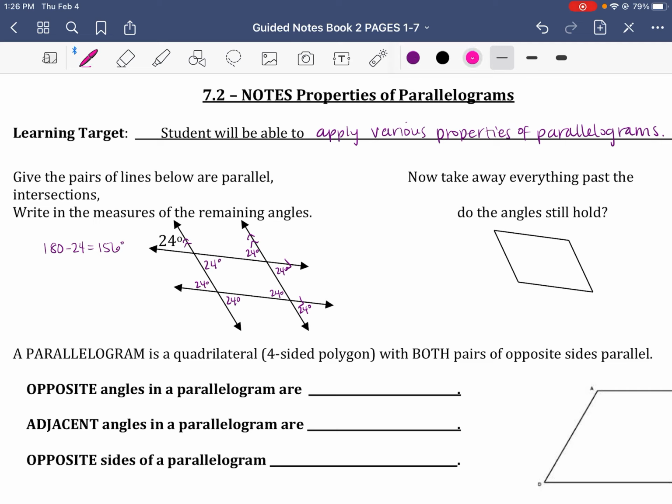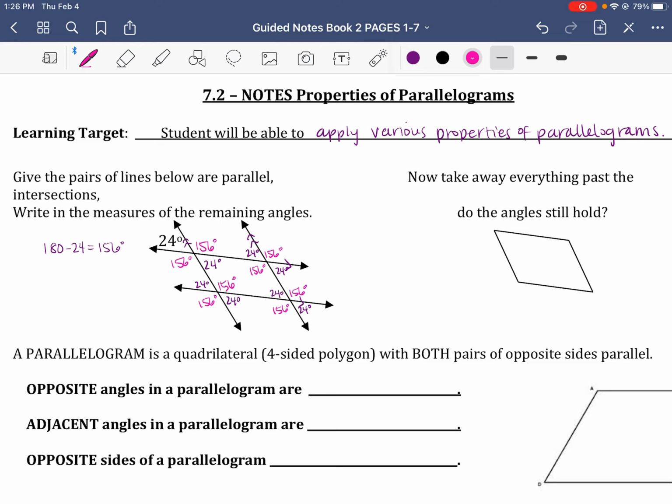This angle right here would be 156 degrees, and its vertical angle, the one across from it, is also 156, and you'll notice we're able to fill in all of these obtuse angles with 156. Again, these are two sets of parallel lines, so that other transversal is also cutting at the same angles, so we'll label all of these as 156.